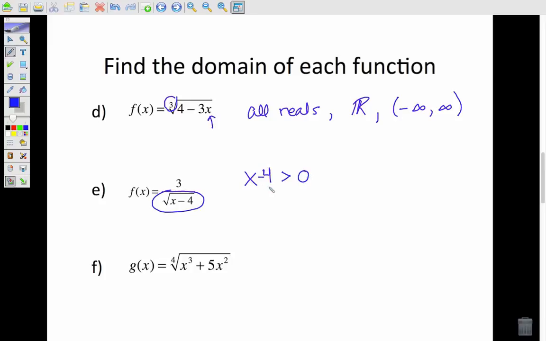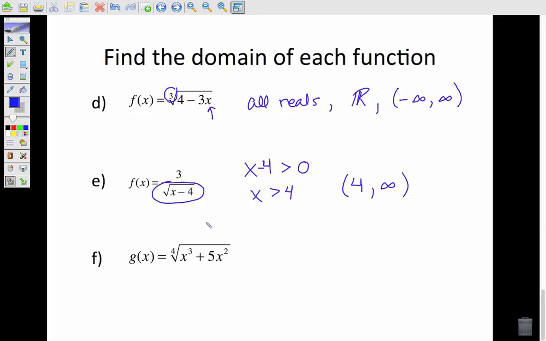So I just do x is greater than 0. Makes it positive. I do not include 0 because then you're dividing by 0. So x is greater than 4 then. That's my domain. So greater than 4 would be 4 comma infinity, but not a bracket. Not a bracket because you're greater than 4. You don't want to include it.